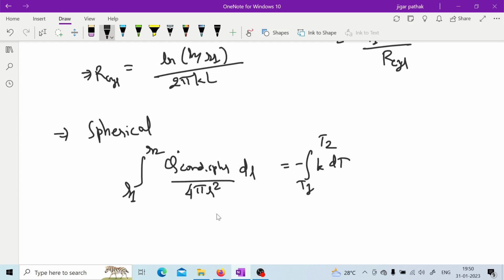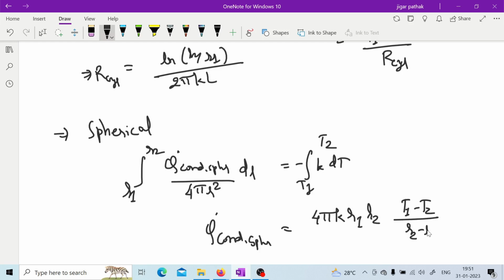If you simplify, you will find Q conduction for sphere, because the integral of 1 upon R squared will be minus 1 upon R. So you will find this for the sphere.